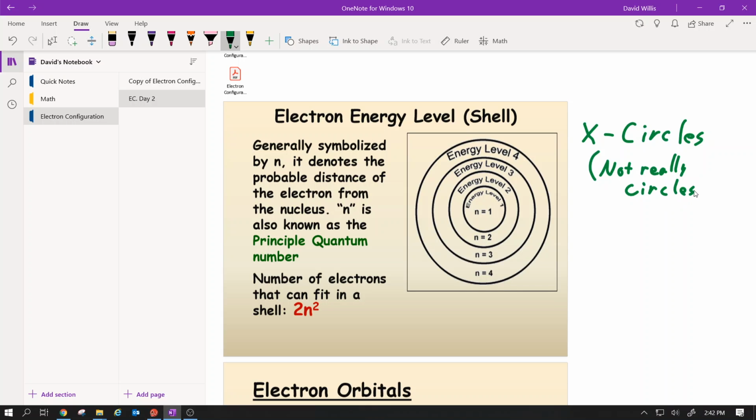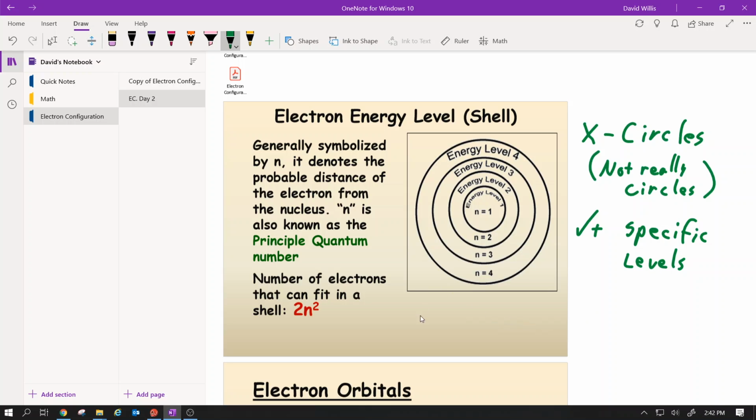Sure enough, they are not really circles. However, what is good about this? The levels are in specific sections. So a check plus for knowing that there are specific levels.